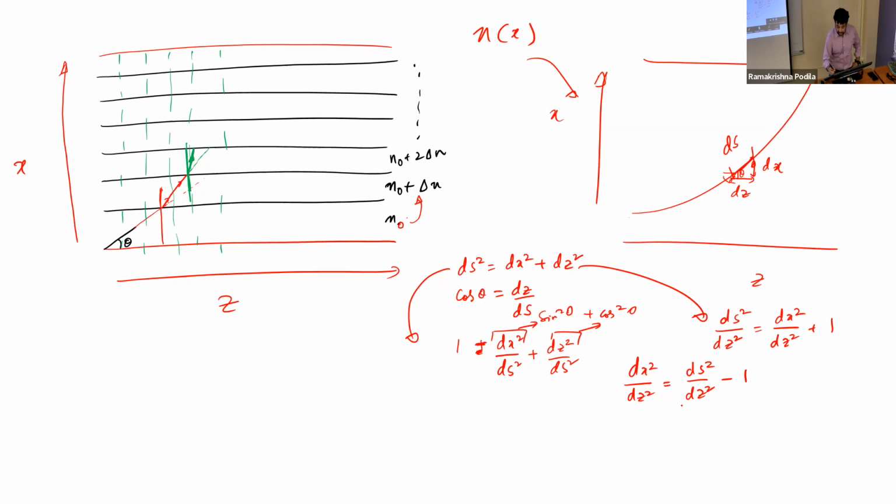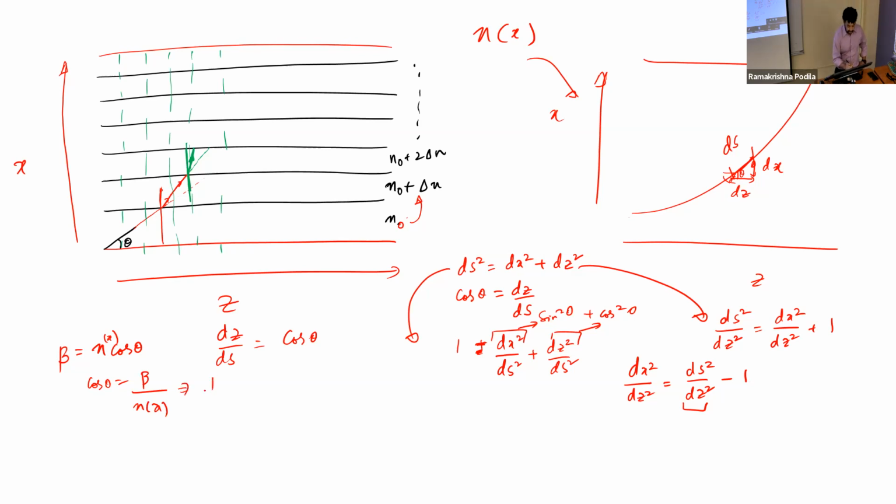Now, notice that dz by ds is cosine theta. And recall that we defined beta as n of x cosine theta. So then I can write cosine theta as beta over n of x, because n is a function of x as it's varying.